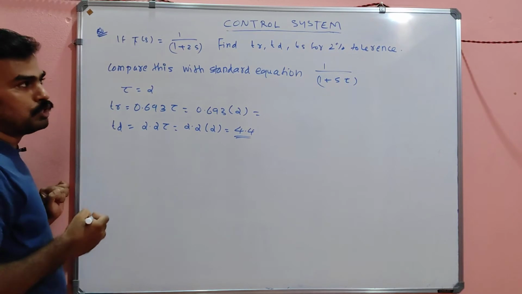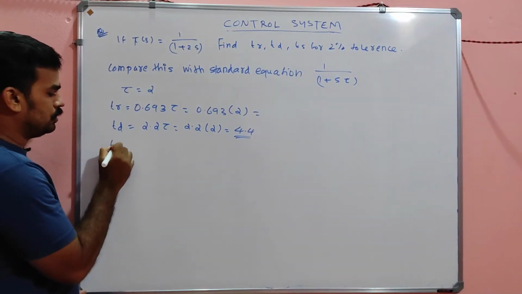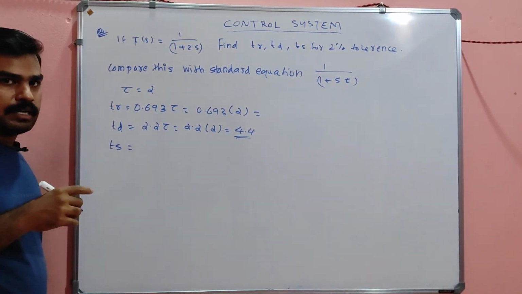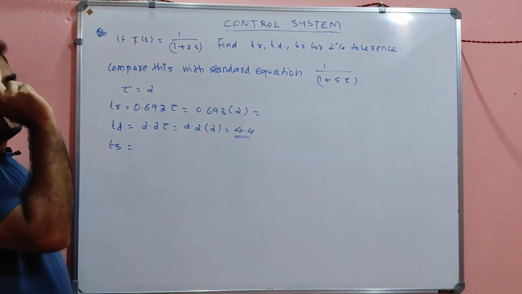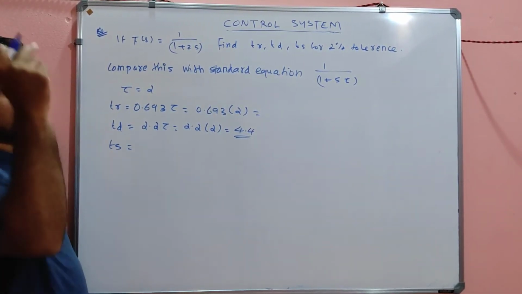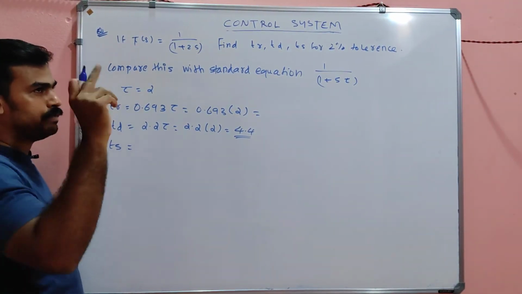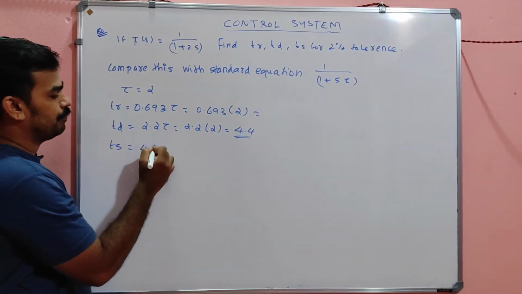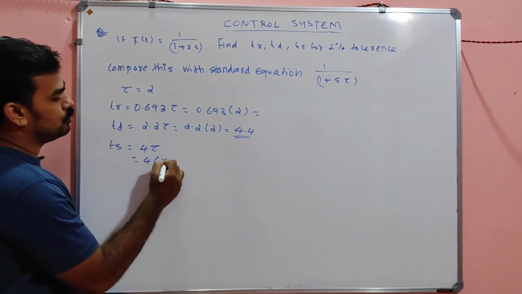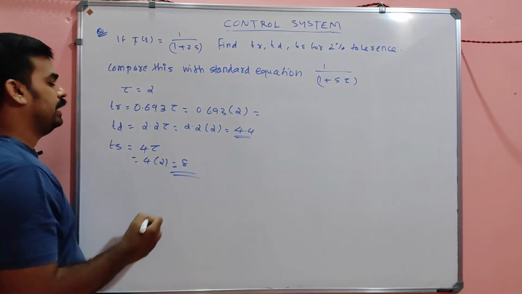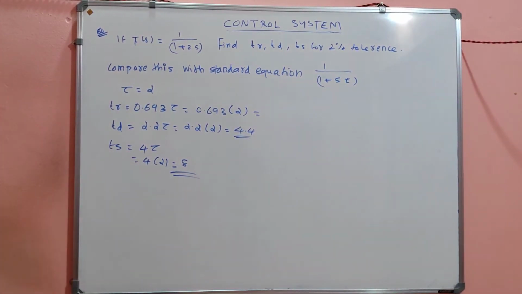And settling time for 2% tolerance, my dear: refer to the previous session. It is 3 tau, 4 tau, 5 tau for 5%, 2%, 1% tolerance. So 2% is 4 tau, which is 4 into 2, that is 8.